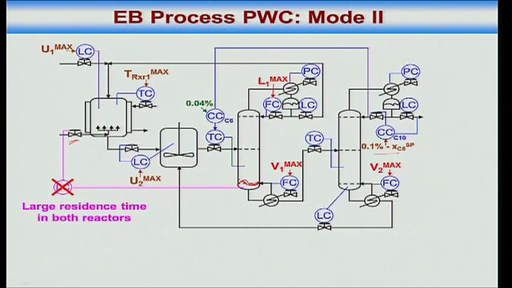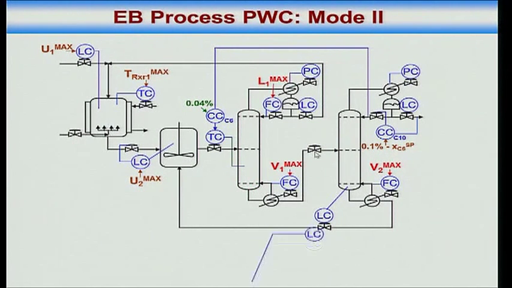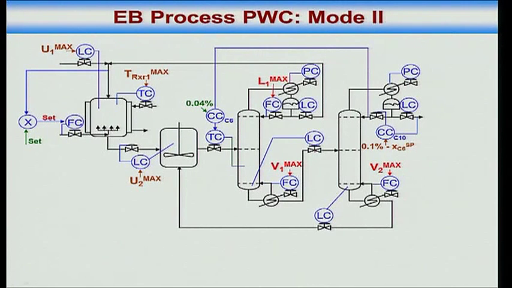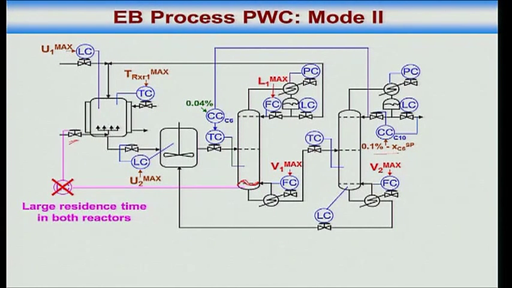What do I do? I say, well, this level is fragile, I need to make it more robust. So I say, well, take that temperature controller off. Okay. Now I have a problem. What is the problem? And then I say, okay, I will maintain the ethylene in ratio with the total benzene. See, what did I do? This was problematic.